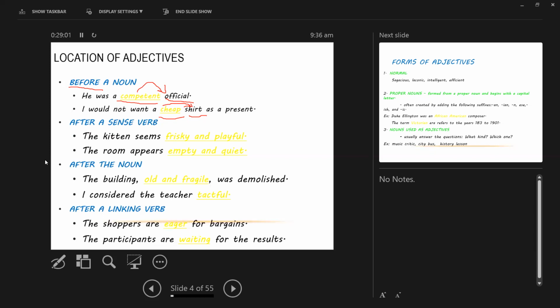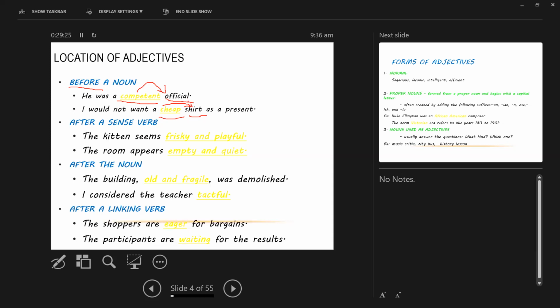Your sense of sight, smell, taste, touch, ano ba? Hearing, sense of hearing, right? Hindi mo lang confident na alam yung lima eh, no? What else? Sight, smelling, tasting, feeling, and hearing. Yeah, so we have five senses. So it is located after a sense verb.